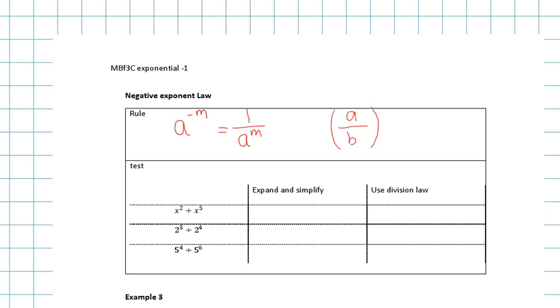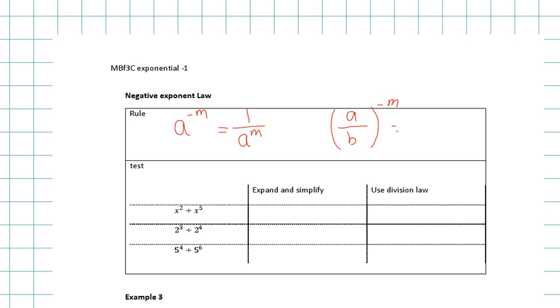Can you guys help me with this? What if I have a over b, all of it, to the power of negative n? How can I write this with a positive exponent? B to the power of n over a to the power of n.